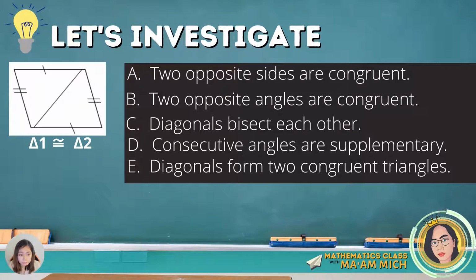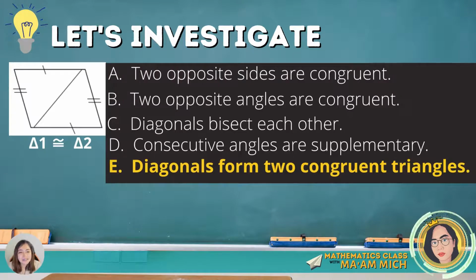Next illustration, is it A, B, C, D, or E? What's your answer? Great. We have letter E. Diagonals form two congruent triangles.